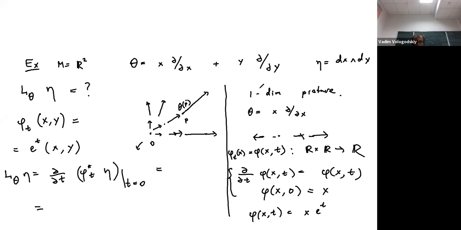I recall that eta is dx dy, so you see that this is d(e to the t x') d(e to the t y'), and then you take d over dt, plug in t equals 0. So here t is regarded as a constant, right?